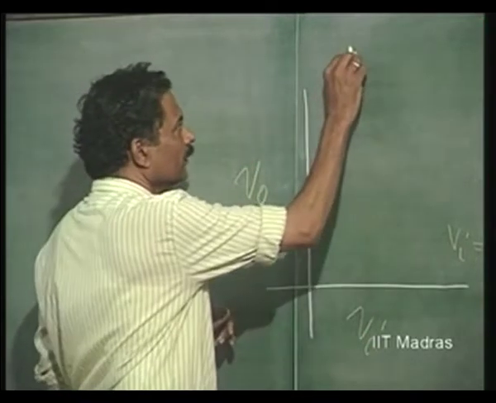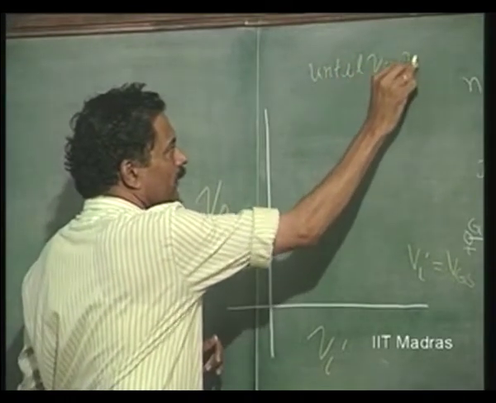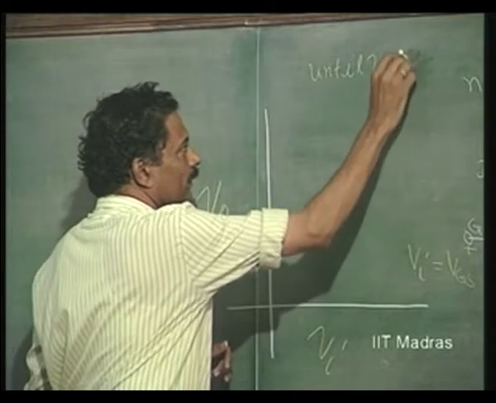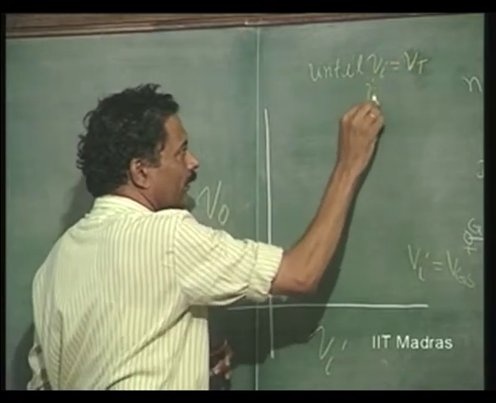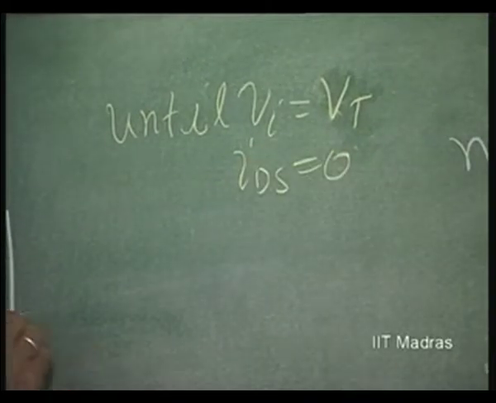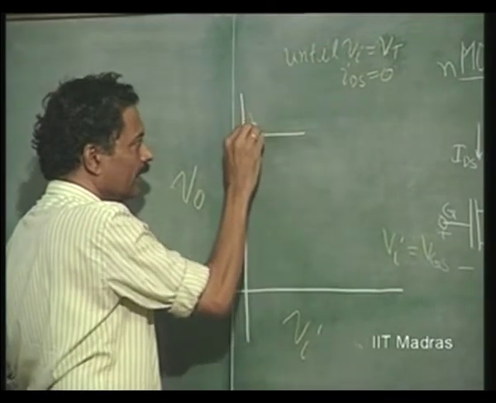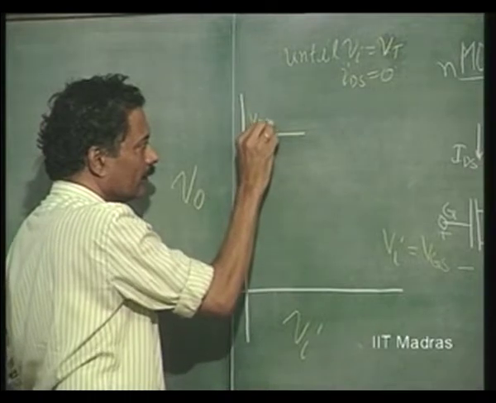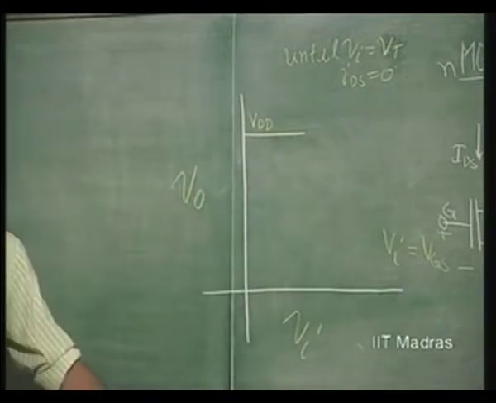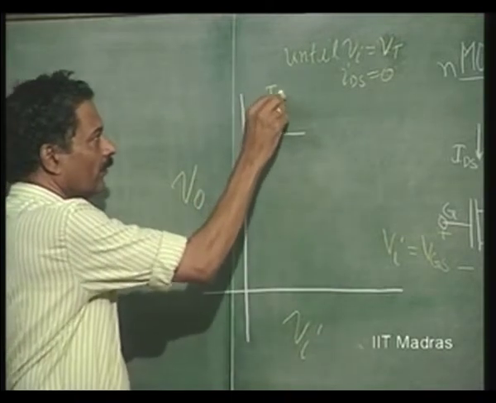So, until Vi equal to Vt is reached, IDS is equal to 0. The transistor T is off. So, output is going to be at VDD, because IDS is 0, T is off.